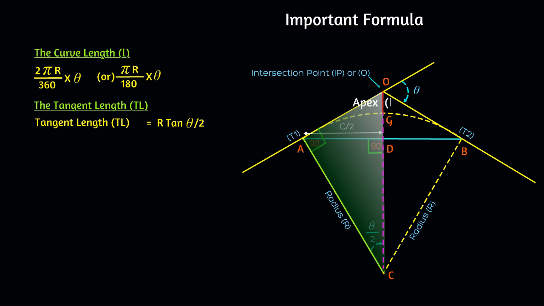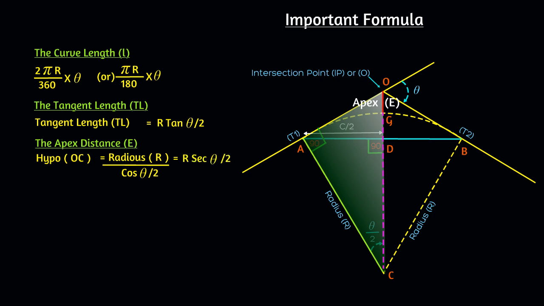Apex distance, E. Using the same right-angled triangle. Using trigonometry, cos theta divided by 2 equals the adjacent side divided by the hypotenuse. Here, the adjacent side is the radius and the hypotenuse is the distance from the curve center to the intersection point. Now, the hypotenuse OC equals radius R divided by cos theta by 2, which is also known as R secant theta by 2.